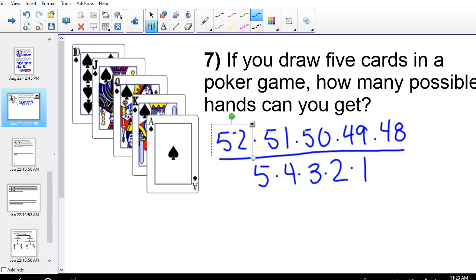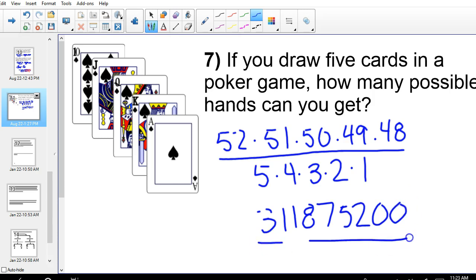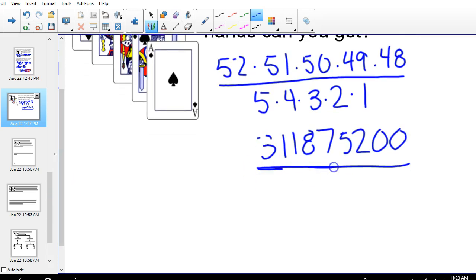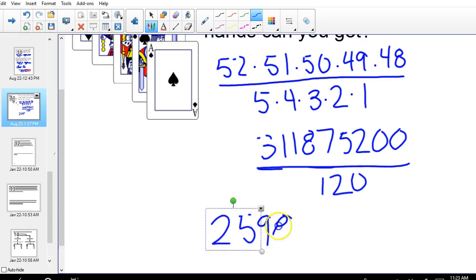So 52 times 51 times 50 times 49 times 48 is going to give you, oh gosh, over a lot. So take that number and divide it by 120. We get 2,598,960.